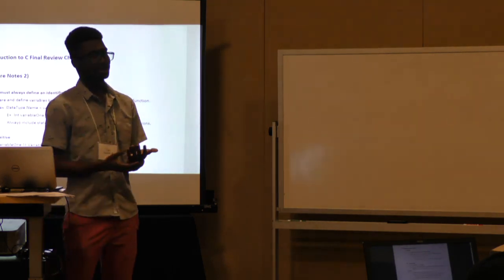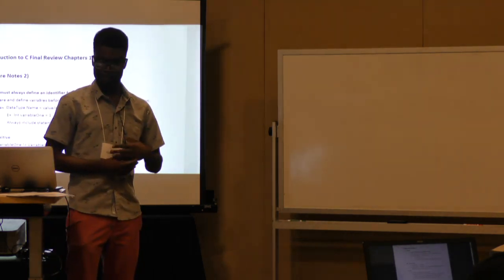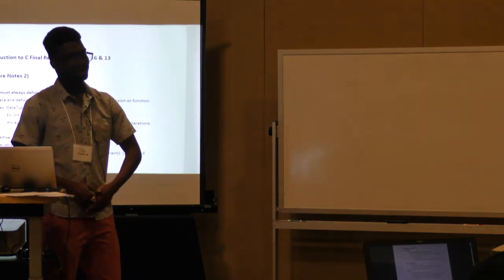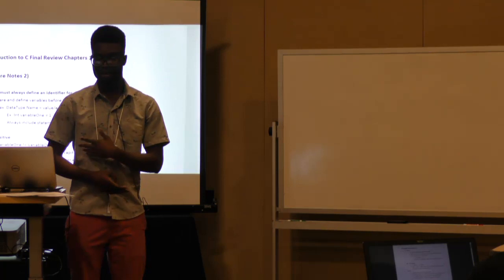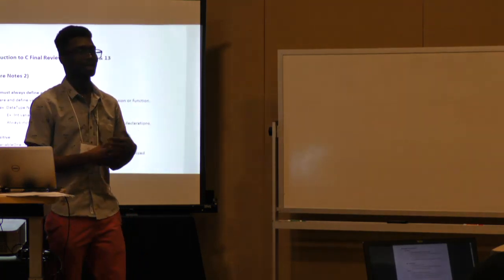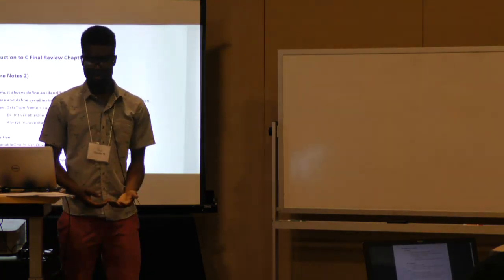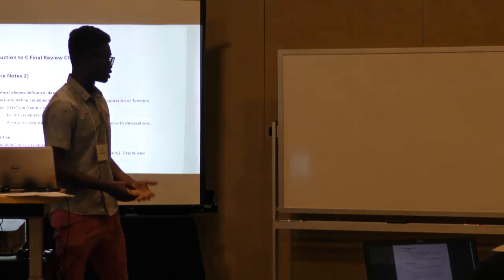So there are multiple ways you could declare a variable. One way is the data type followed by the name you want for your variable, followed by either a value and/or an expression. So what does that look like?